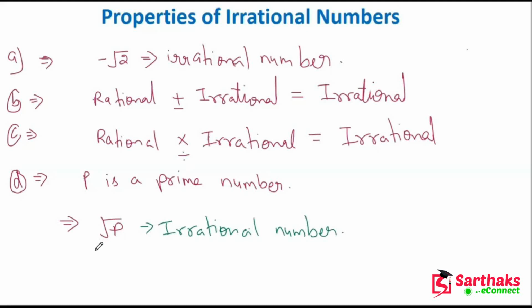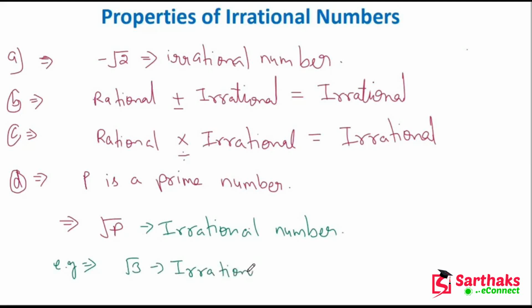Now here we can conclude that the under root of all prime numbers are irrational numbers. For example, under root of 3, where 3 is a prime number, is an irrational number.